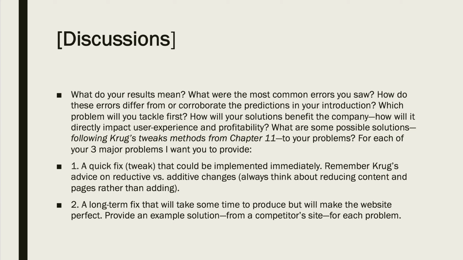But then suggest a long-term fix. So this is going to take a little bit more time, but it's going to make it much, much better. And then you can also provide an example solution from the competitor site for each problem. So, you gave them that competitor site that does things well. This is another place where you can refer back to the work that you've done so far to demonstrate what this will look like in real life.